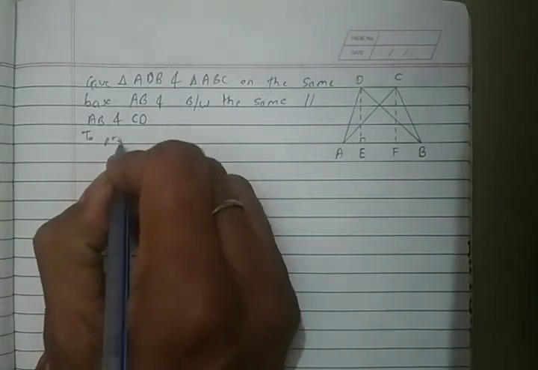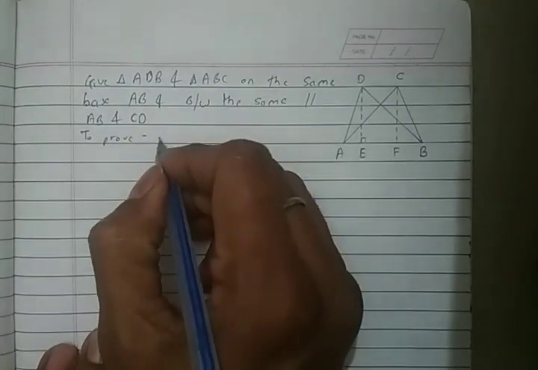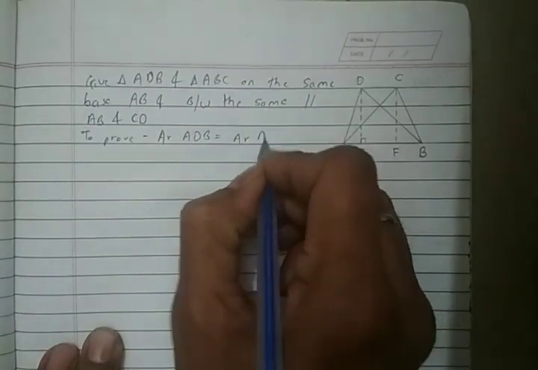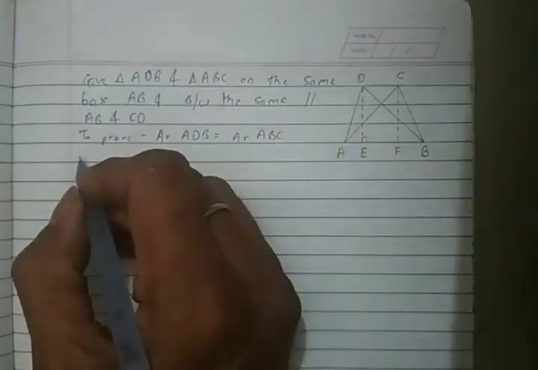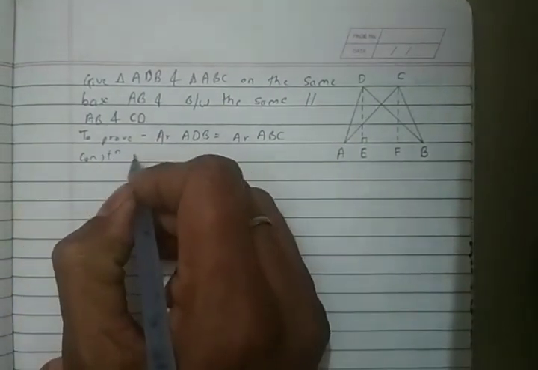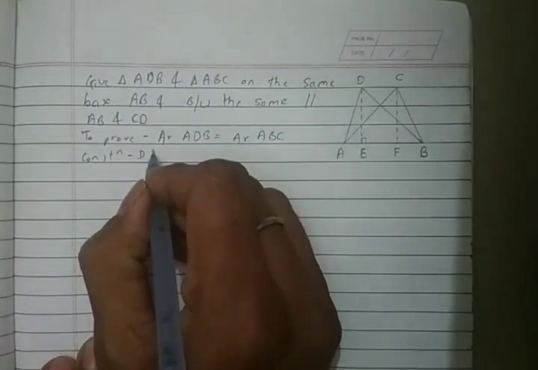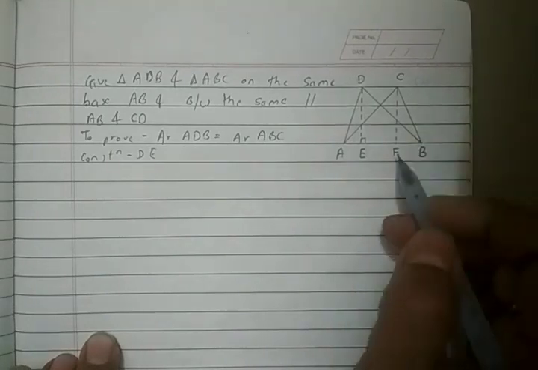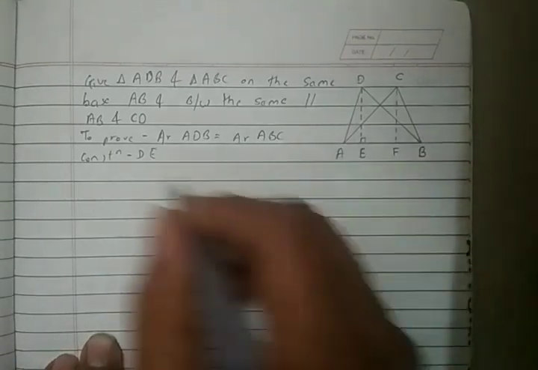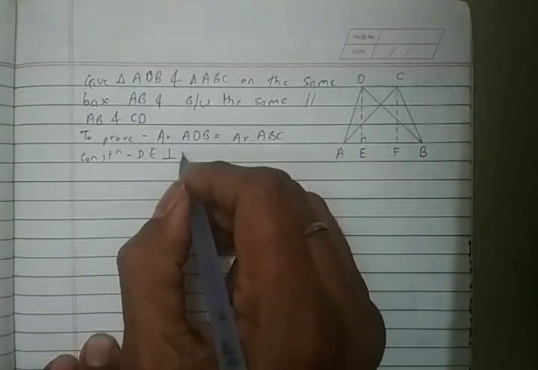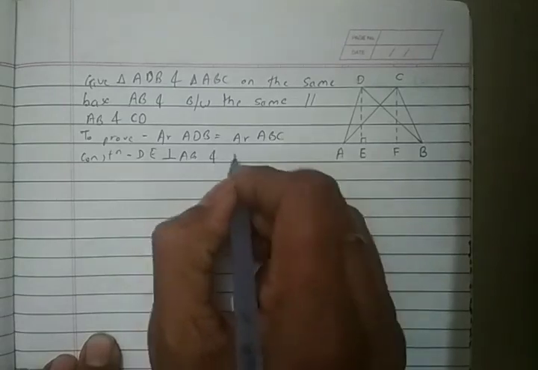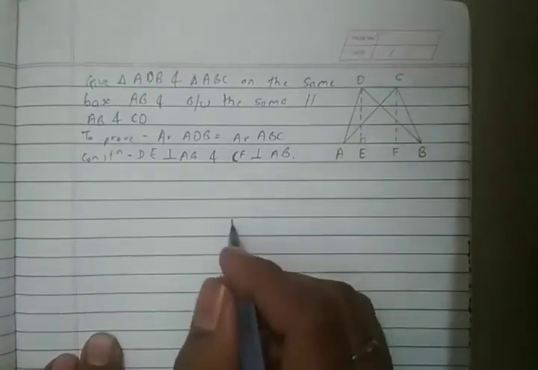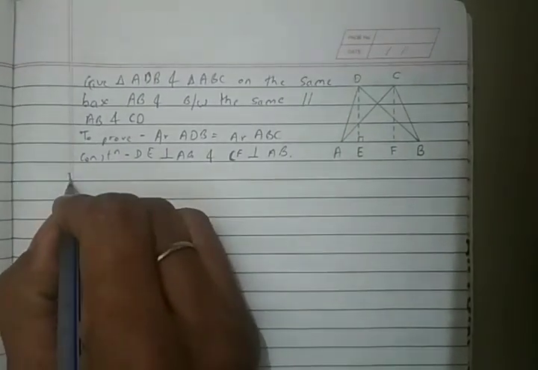We have to prove area of ADB equal to area of ABC. By construction: first we'll construct DE perpendicular to AB and CF perpendicular to AB. Now the proof will start.